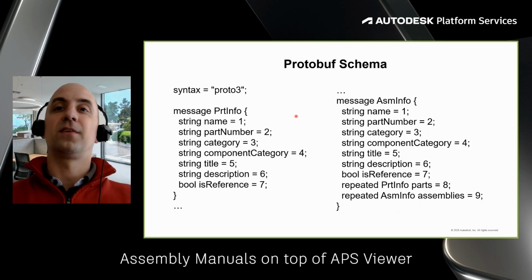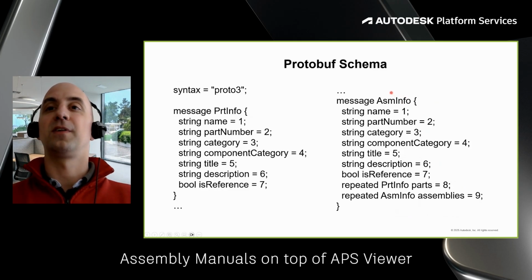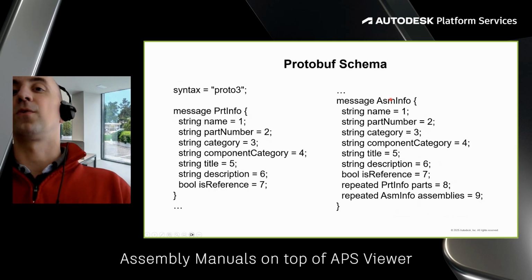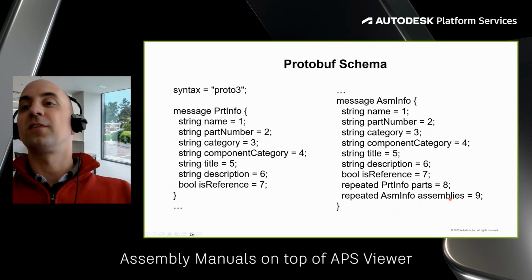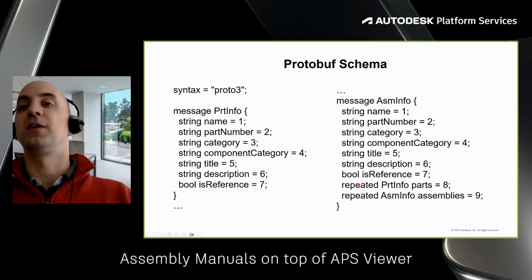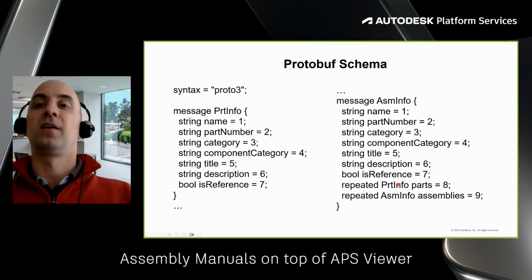So in this case, for our bill of materials, we have just this simple schema. As you can notice here, this data type for assembly, called assembly info, references itself, so that way it makes the data structure recursive, and with the keyword called repeated it holds a list of parts.